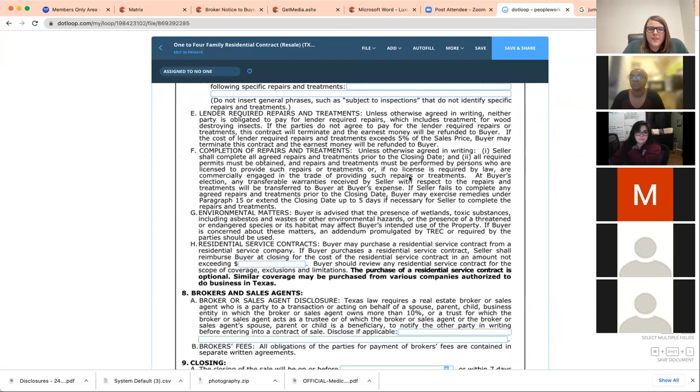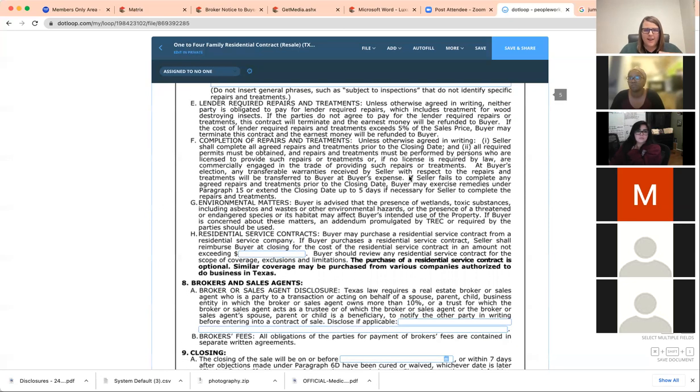Unless otherwise agreed, seller shall complete all repairs prior to closing date, and required permits must be obtained, and they must be performed by licensed providers if a license is required. Plumbing, electrical, AC, roof. Am I missing any? Those are required licensed people. You cannot have unlicensed people do the repairs. The seller cannot do repairs unless they are licensed.